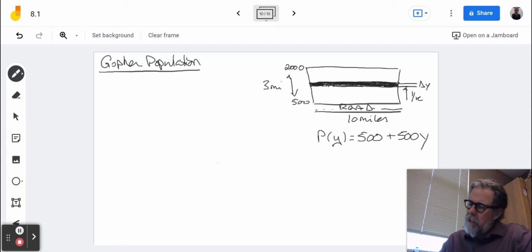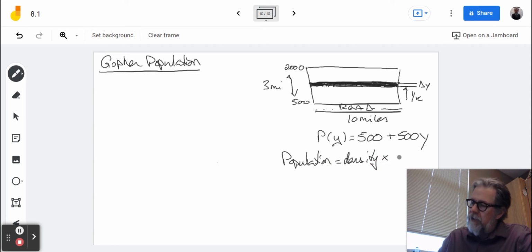So if I think about that strip right there, it is 10 times the thickness, but it's not just the thickness, because to find population, you have to multiply density times area.